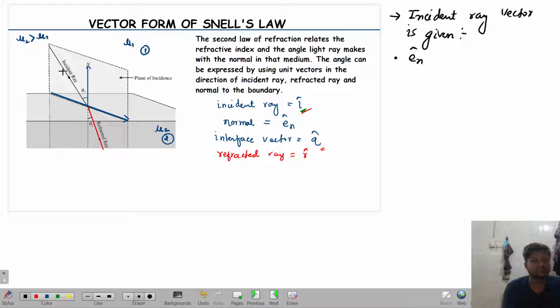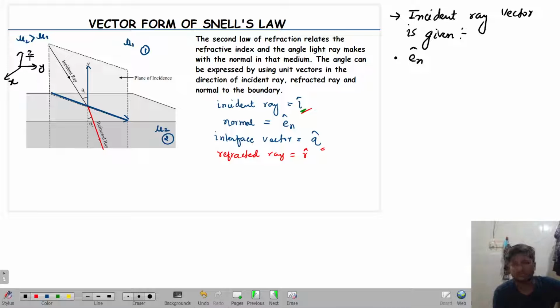Simple. Let's suppose the incident ray is given in the XYZ space. In which direction will the normal be? You can consider this axis as the Z axis, this as the Y axis, and this as the X axis. So we can consider that the plane of the interface is lying in the XY plane, while the normal is lying along the Z axis.